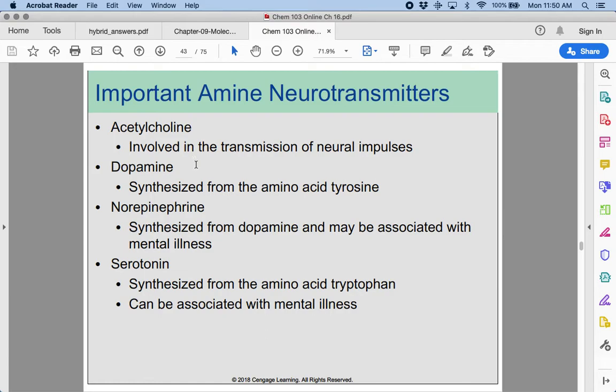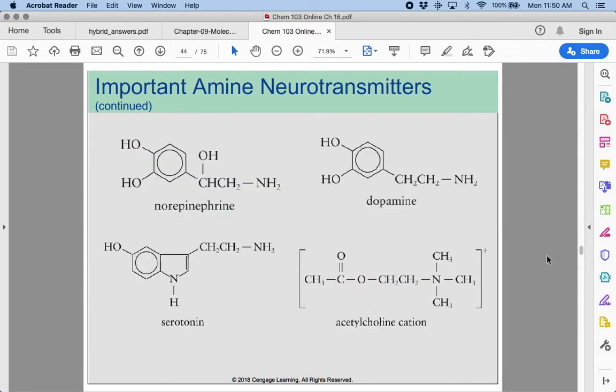But ones that we see a lot would be things like serotonin, dopamine, acetylcholine. These are all those amide and amine type structures that are crucial to parts of our body. So we can see things like serotonin, which has a primary amine over here, and it has a cyclical secondary amine right here.